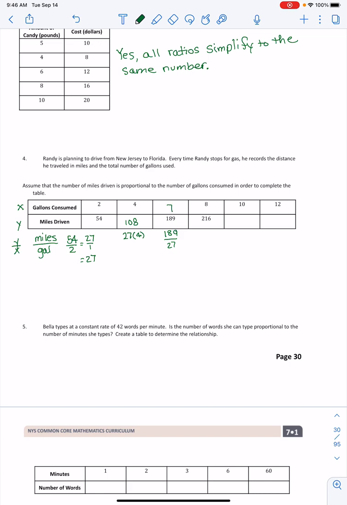Here we have 10 in the x value, so again we're going to multiply 27 times 10, and we get 270. And here we're going to multiply 27 times 12 and get 324.